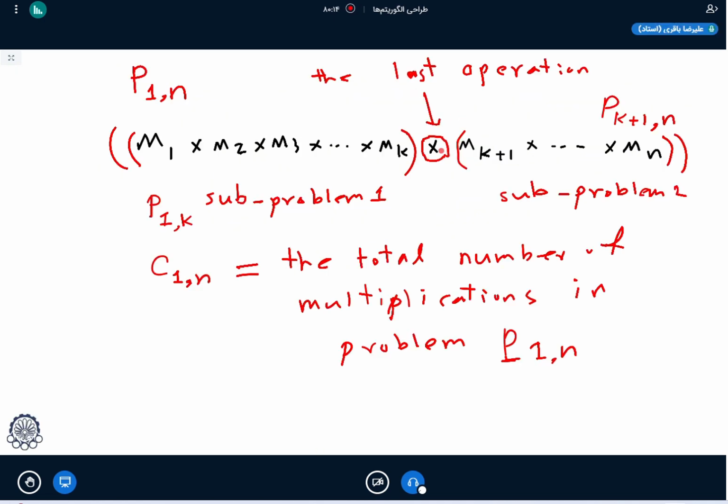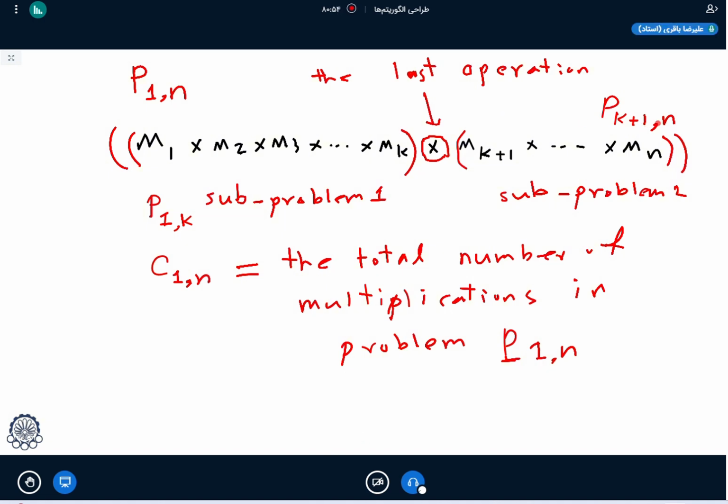If we suppose that this is the optimal parenthesis, and in this parenthesis the last operation is here, between k and k plus 1. If this is the last operation, then we can divide the problem from this point, and we can write a relation between the number of multiplications of the left side, right side, and total number of multiplications.